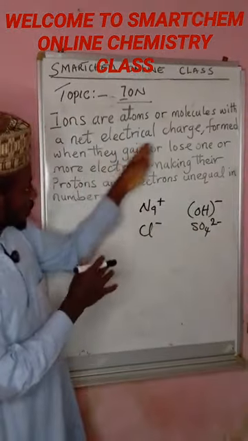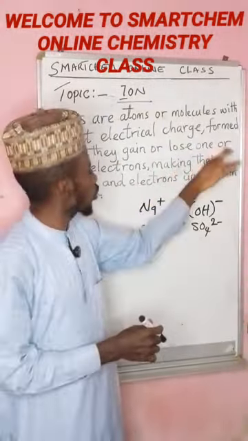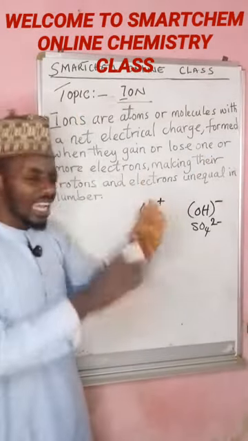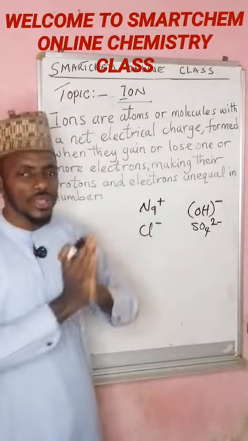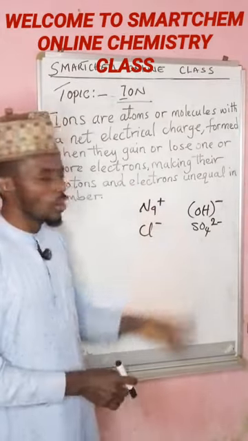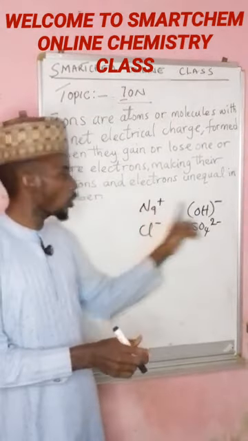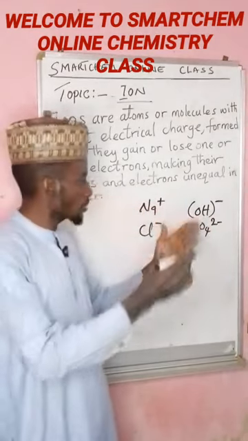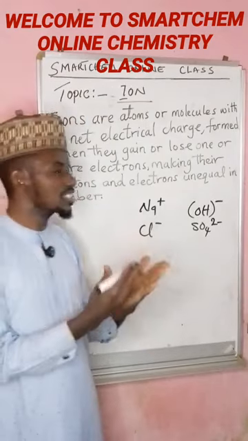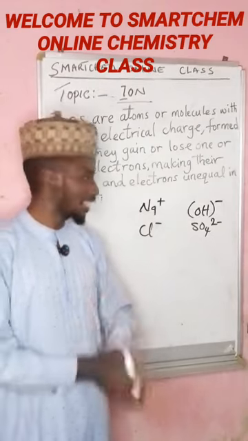So this is that formed when they gain or lose one or more electrons. And this is how ions are formed. They are formed when that very species we are talking about, be it atom or molecule, forms an ion when it gains or loses an electron.